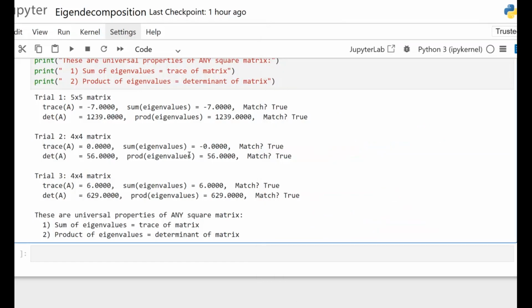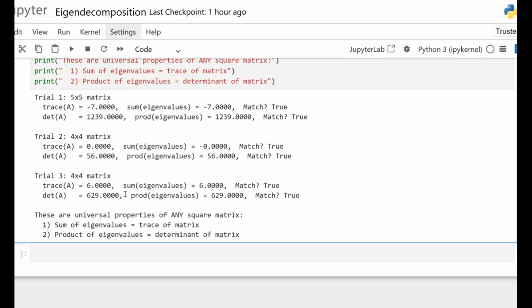So kindly observe: the sum of the roots equals the trace, and the product of the eigenvalues, that is the roots, equals the determinant value. So yes, it all matches.